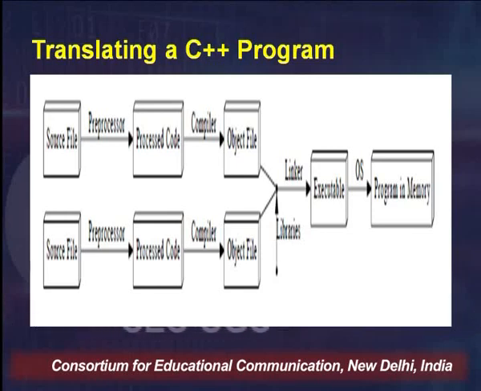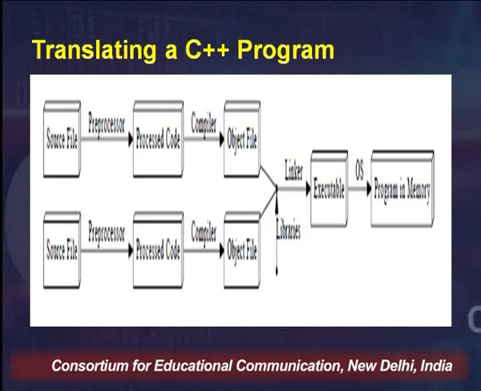This preprocessor module generates the preprocessed code. Now this processed code is given to the compiler for translation. The compiler converts this processed code into the object file, which is .obj. Myprogram.obj will be formed at this particular stage when your compiler translates your processed code into the object file.